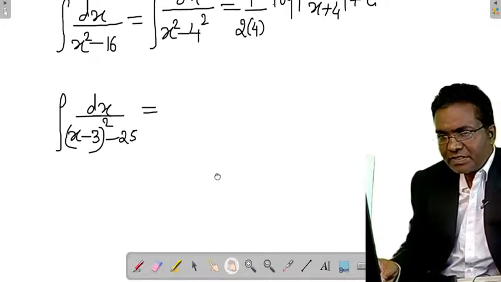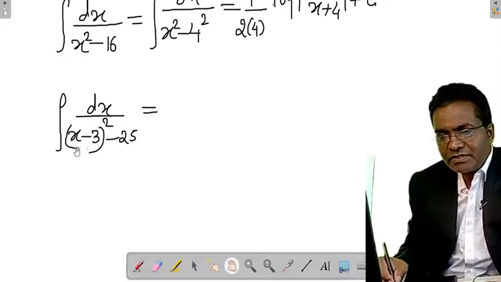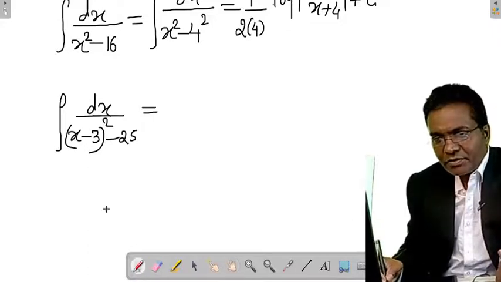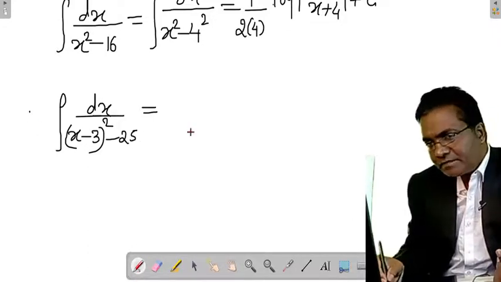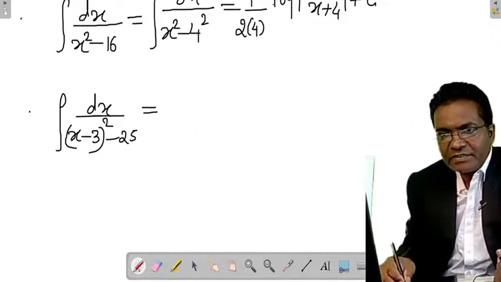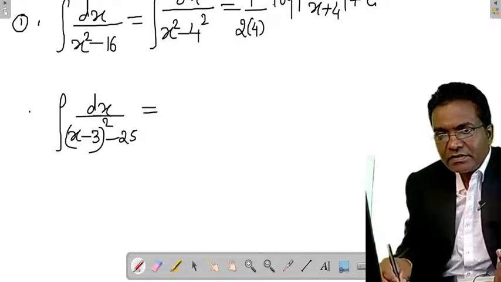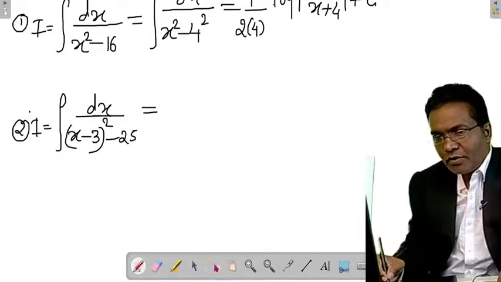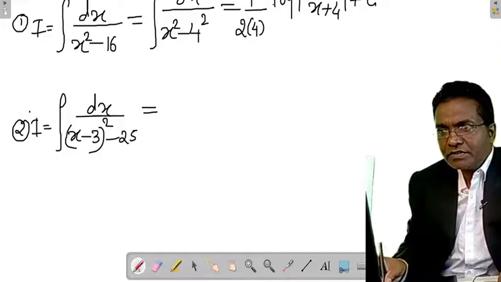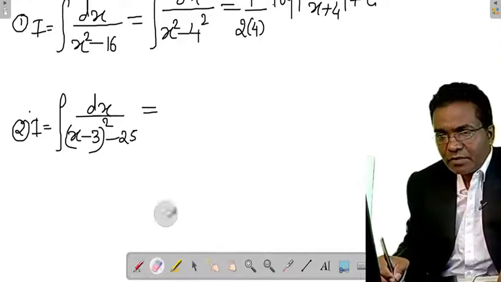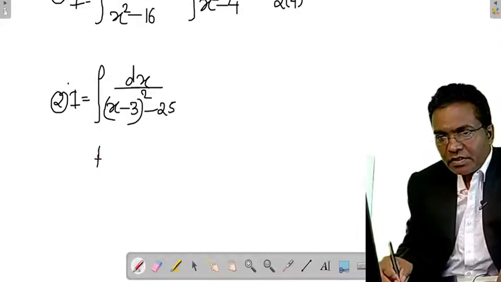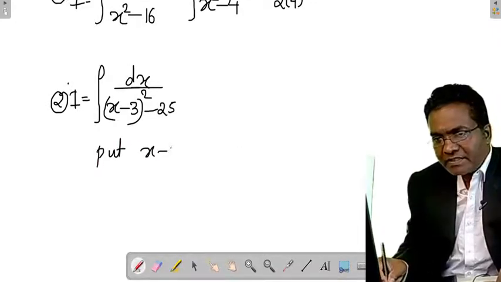This can also be kept directly as 1 by 2a. This you treat as x square. So if you substitute here, look at this. If I take it as I, this is your first one. And suppose if this is the case, what I do is, I put x minus 3 is equals to t.